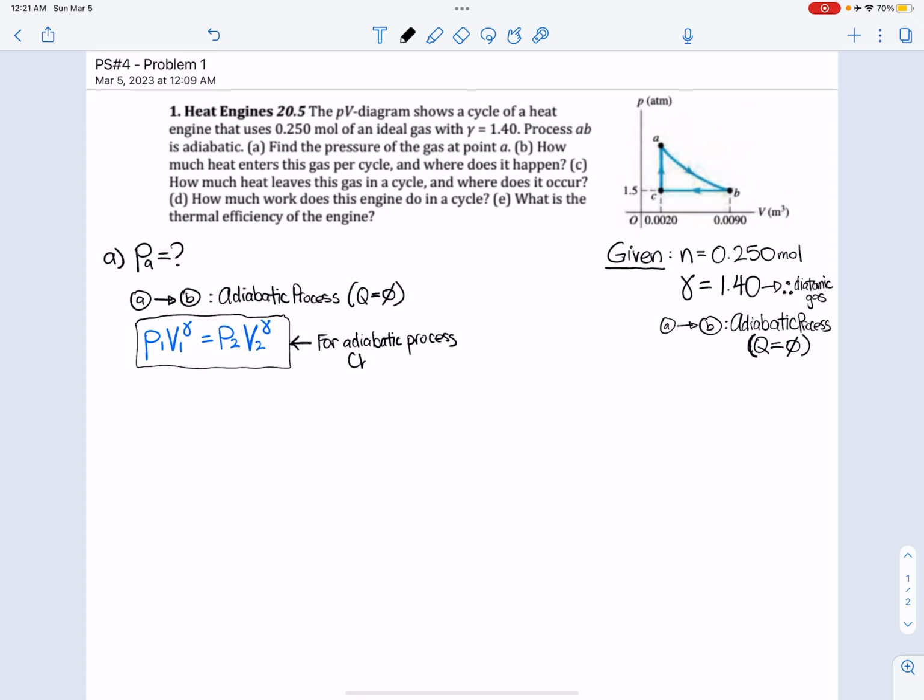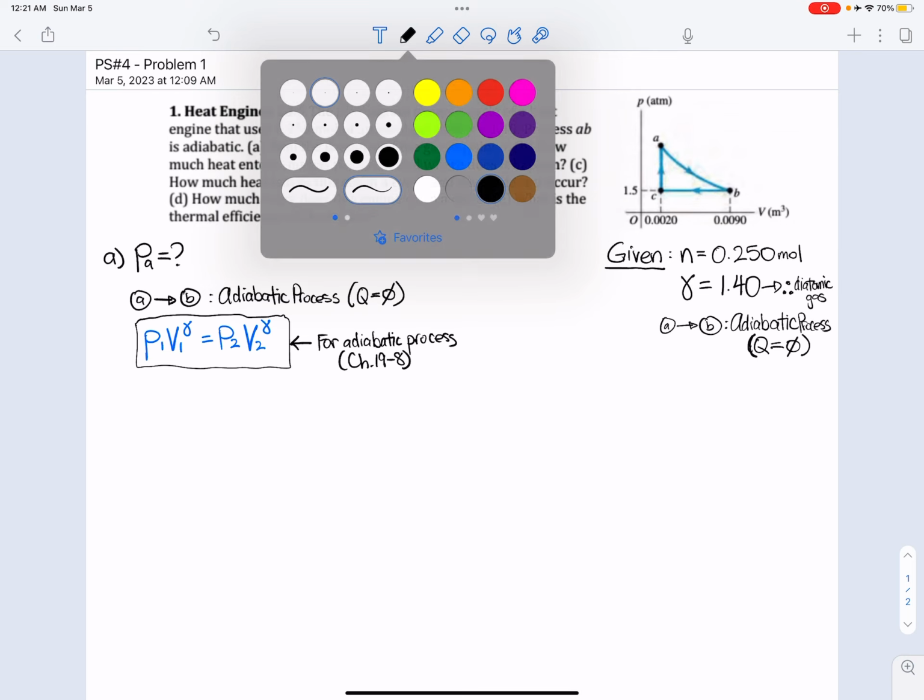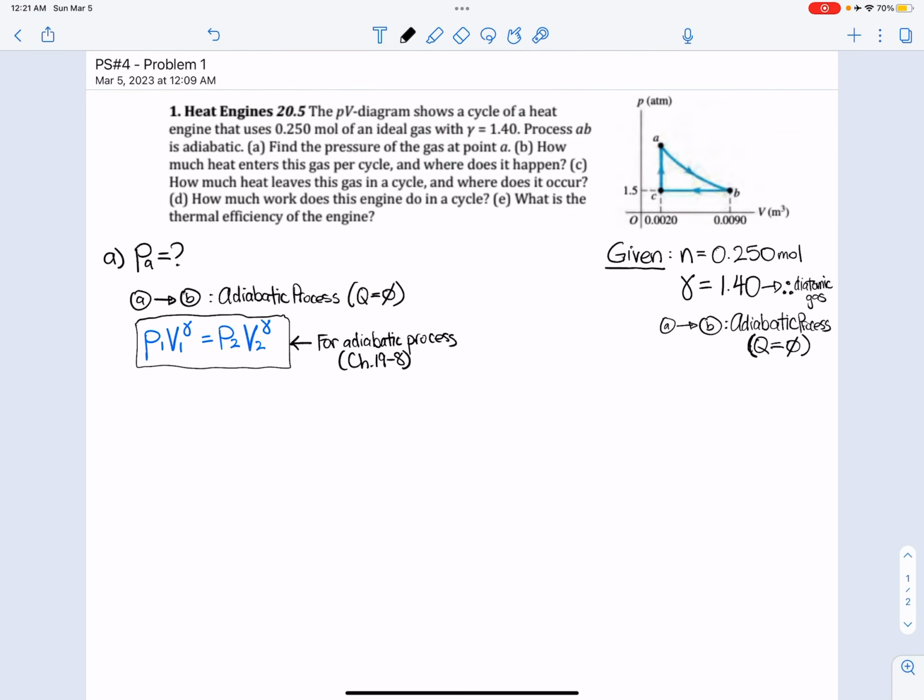That's in chapter 19, section 8. So I'm going to use that formula to find PA.